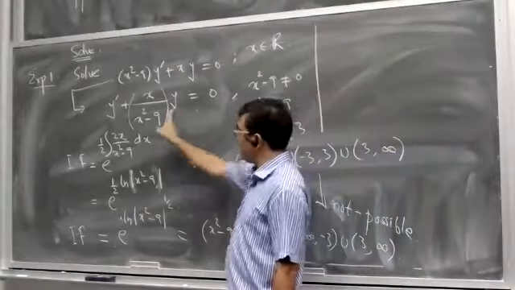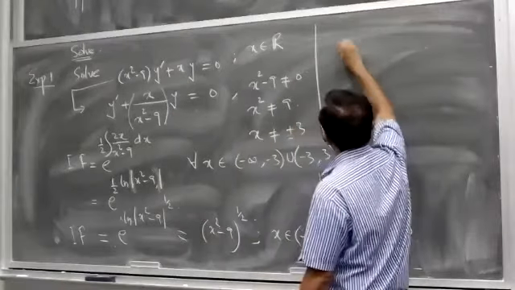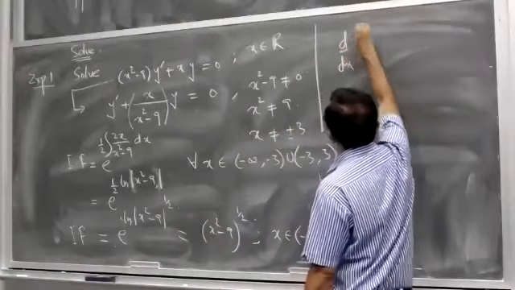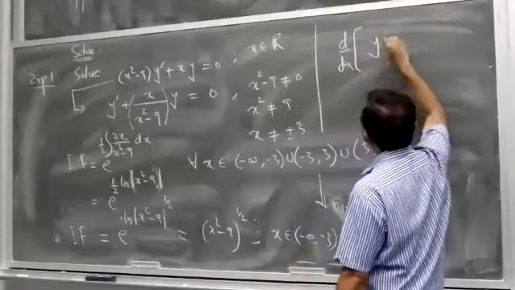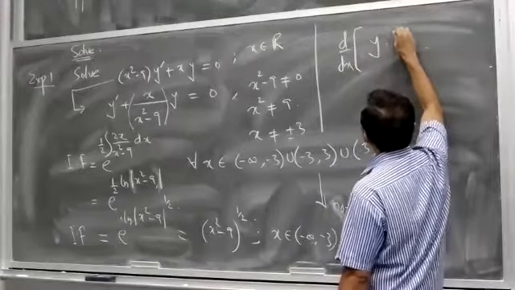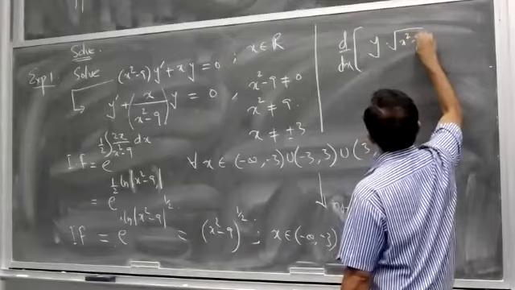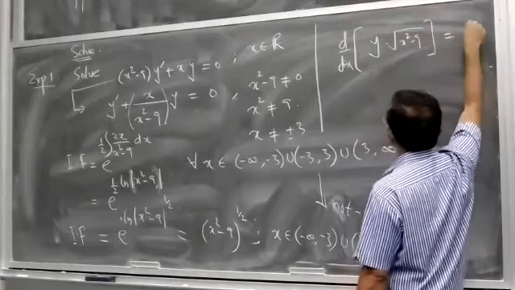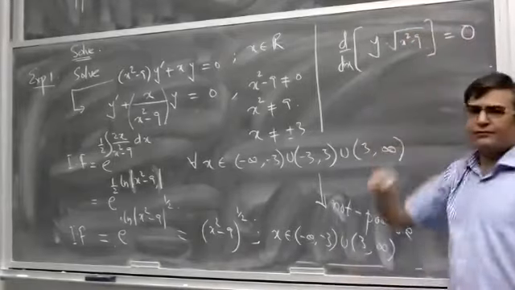After multiplying, what do you obtain? You obtain dy by dx times y into integrating factor, which is square root of x square minus 9, is equal to, on the right hand side you have 0, so you get 0 here.